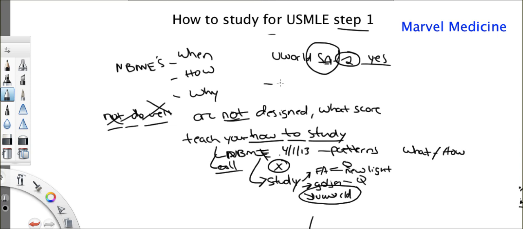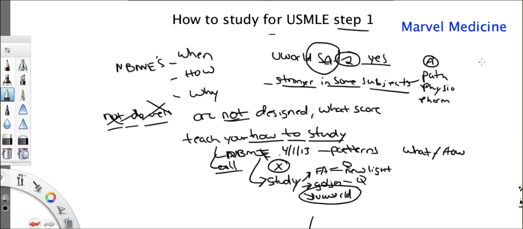Remember, every person is stronger in some subjects and weaker in others. Let's say I'm strong in Path, Physio, Pharm. That's student A. Student B is strong in Biochem, Psych, Micro. Now when you get your test, it'll be a combination of all these different subjects.